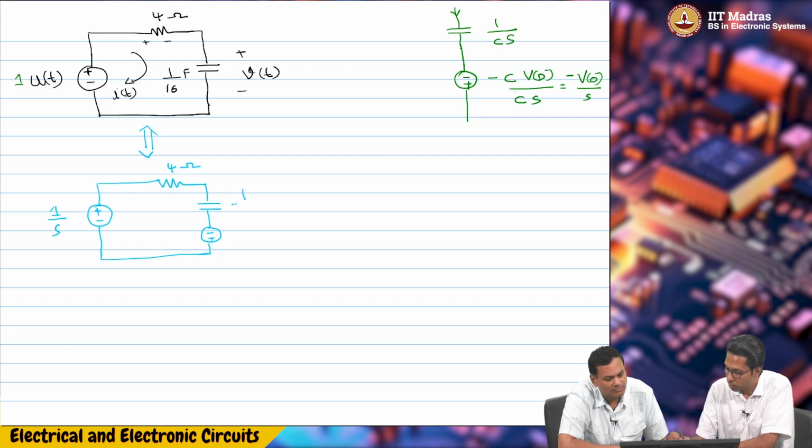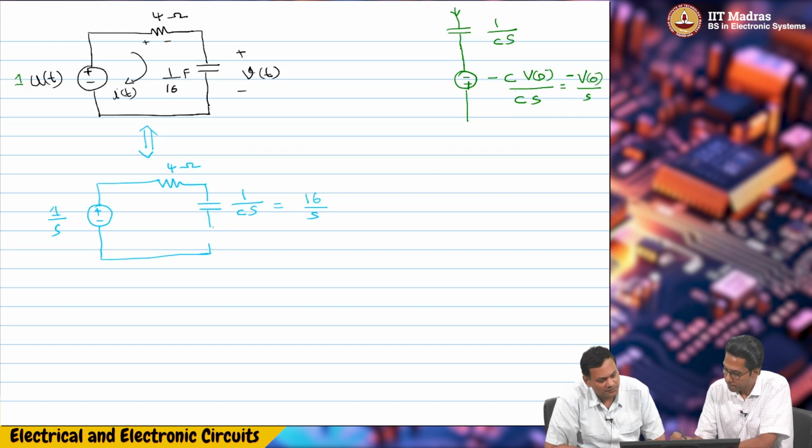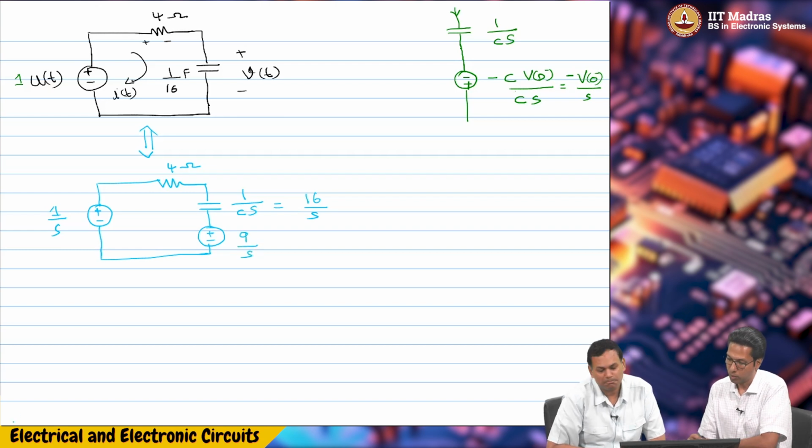This is 1 by CS, which is 16 by s, and this is minus V0 by s. I can change the polarity here: plus minus, V of 0 is 9 volts, so 9 by s.